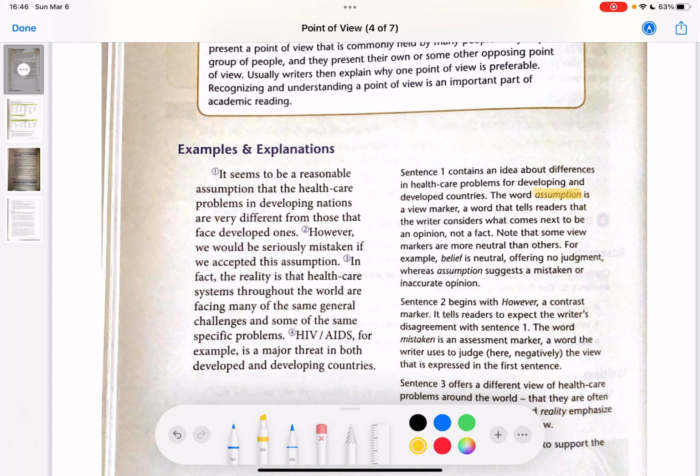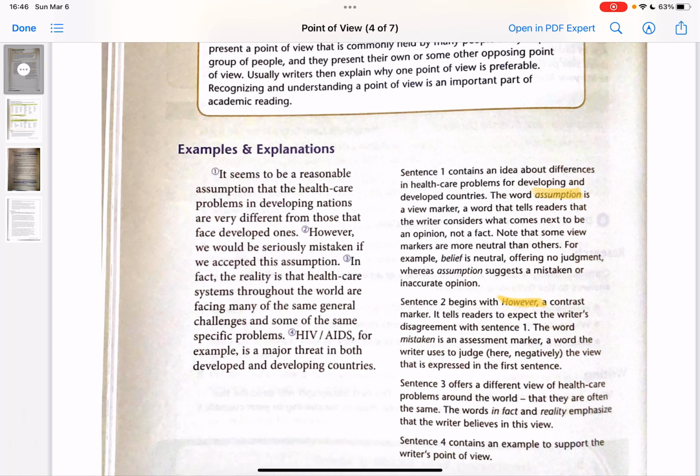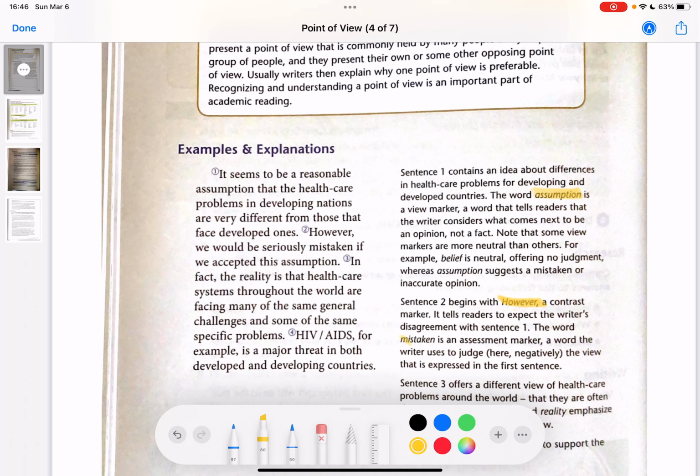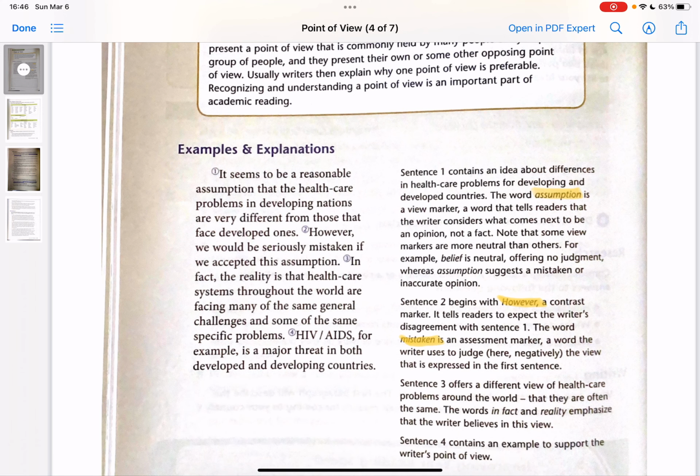Then look at what the author does next. The author uses a contrast marker. However, this tells the reader that the writer is disagreeing with what's said in the first sentence. And in fact, the writer even goes further and uses this word mistaken, an assessment marker. The writer is judging the belief that's mentioned in the first sentence, the common view.